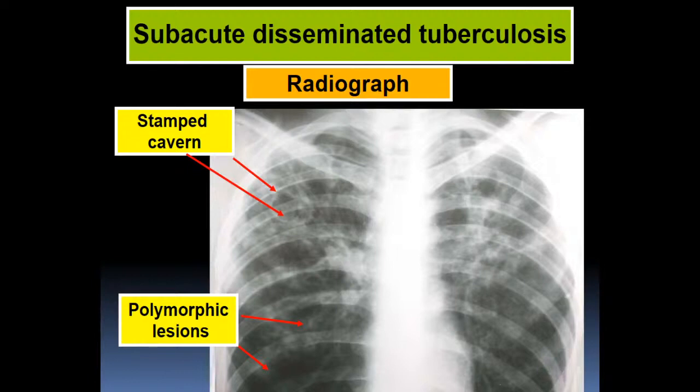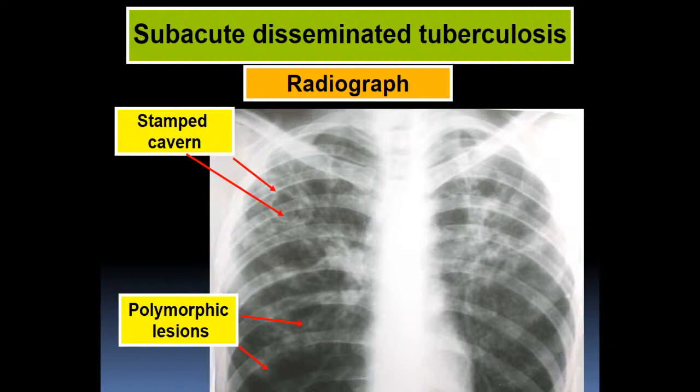And on X-ray, we can see the symptom of dissemination also, but focal shadows different in density and different in size. That's why these are polymorphic lesions.